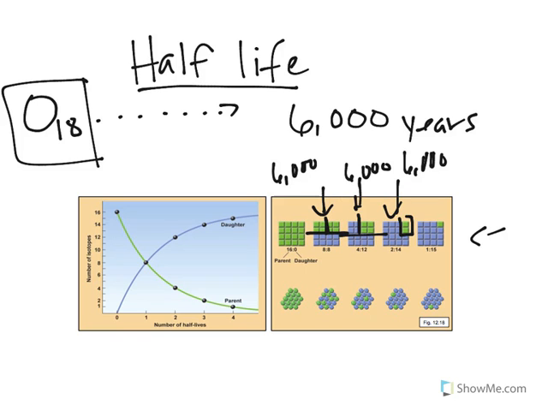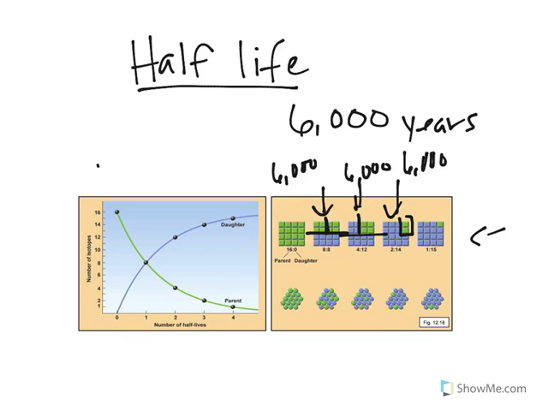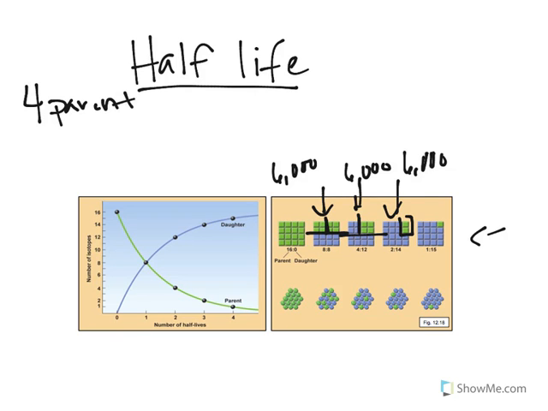So the way we can use this: let's say we know this element has a 6,000 year half-life. Let's say I have a rock, and I take my sample and put it into a scanning electron microscope. And it tells me that I have 4 parent atoms and 12 daughter atoms.